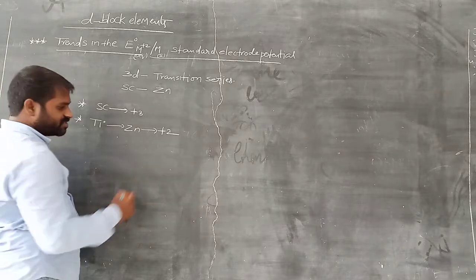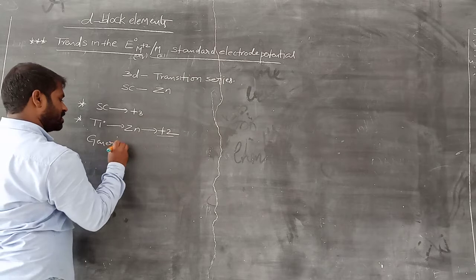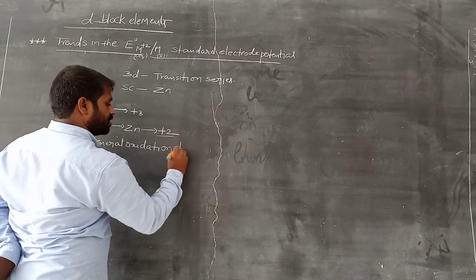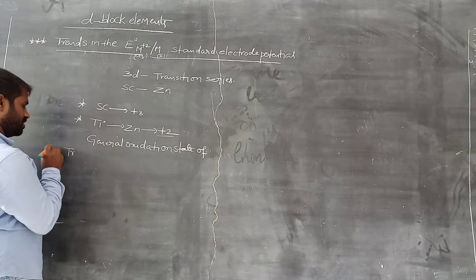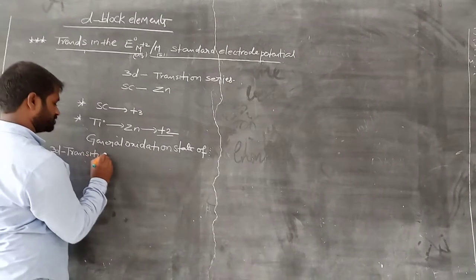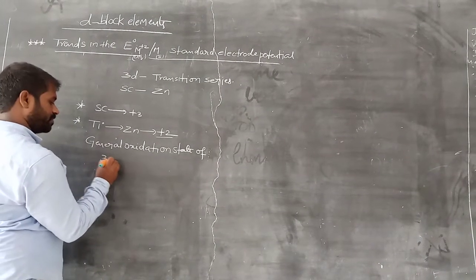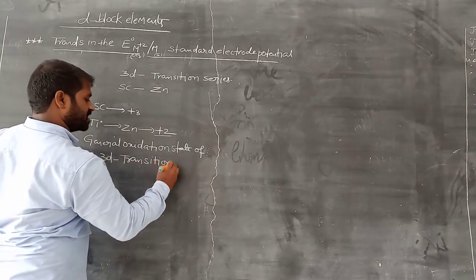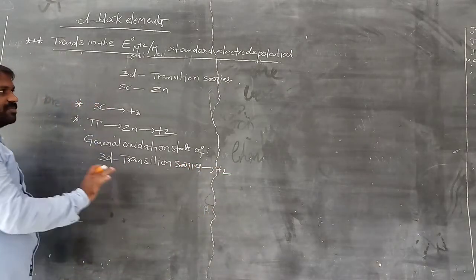This is the general oxidation state of the 3d transition series, which is +2. Already we discussed this.